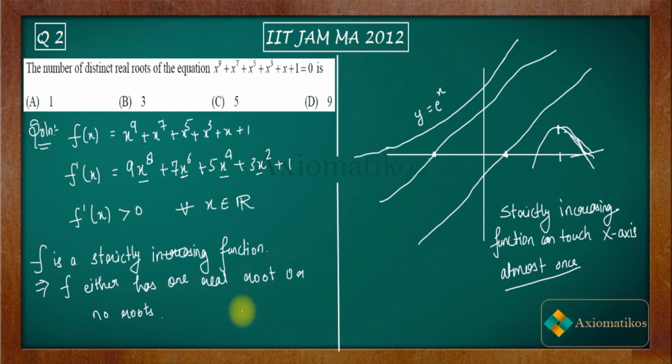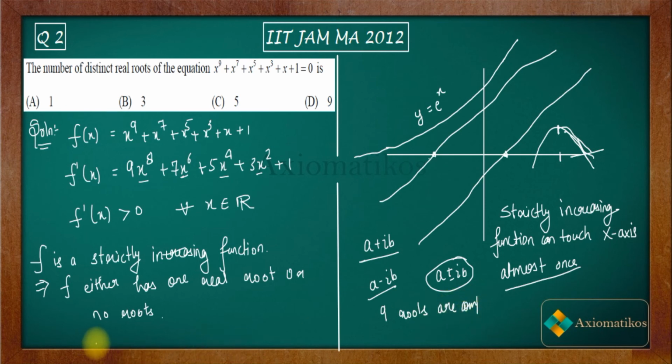So then you have to introduce the concept of complex roots: if a polynomial has a complex root, then complex roots will always occur in pairs. That means if a plus iota b is a root of some polynomial, then a minus iota b is also a root. So they always occur in pairs. Since they always occur in pairs, it cannot happen that 9 roots are complex. The case that it will have no real root will end up with 9 complex roots.